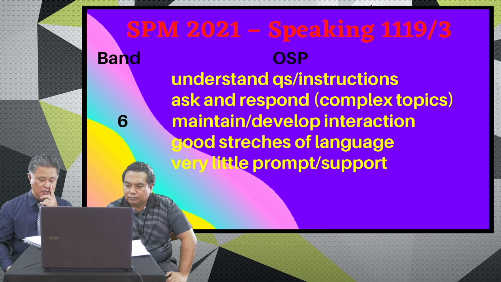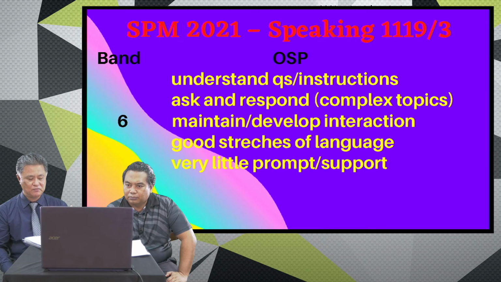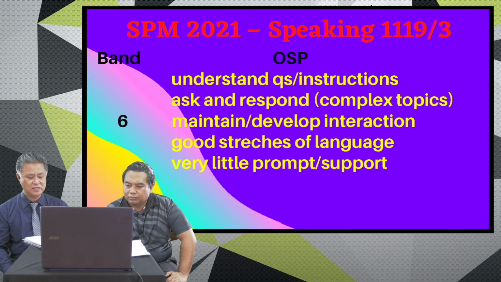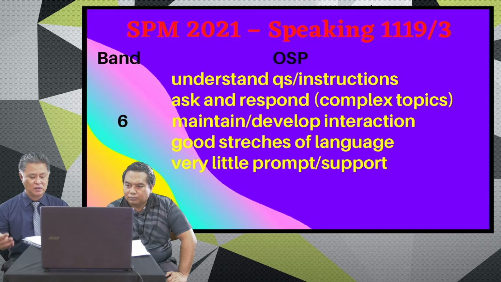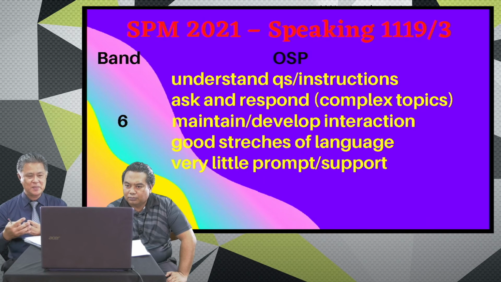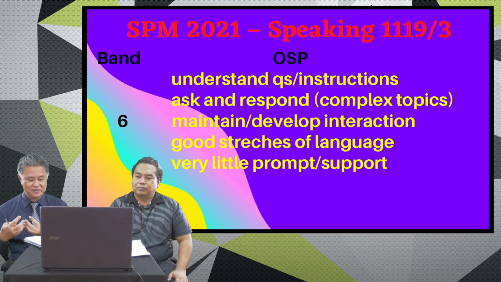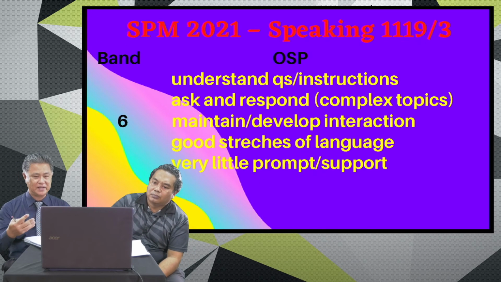First, let's look at the overall speaking performance. You can see that band 6 would be the highest, where students can understand questions and instructions. They can ask and respond to more complex topics.